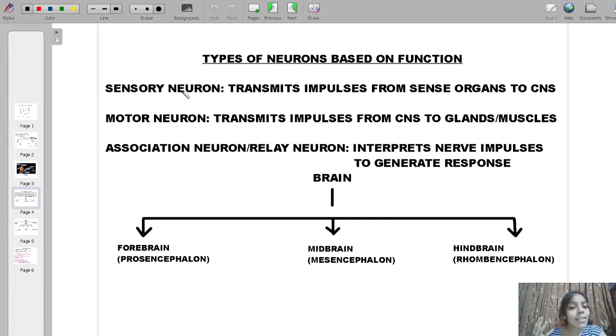So generally the sense organs are the receptors, because we get information through 5 routes. We get information through our eyes. We get information through our ears. We get information through our nose in the form of smell.